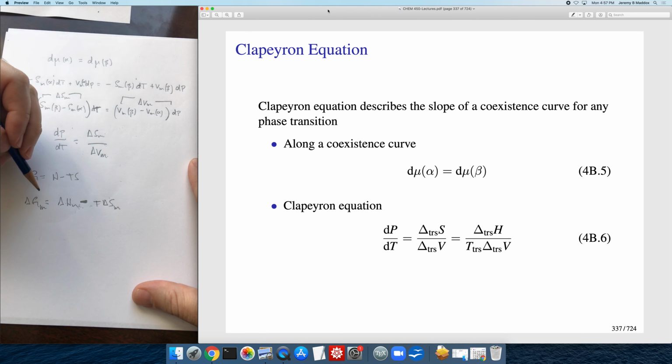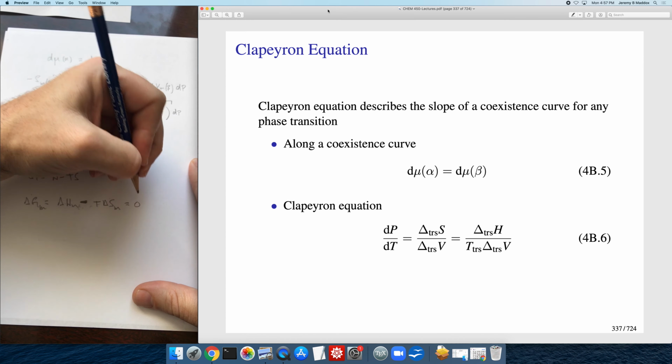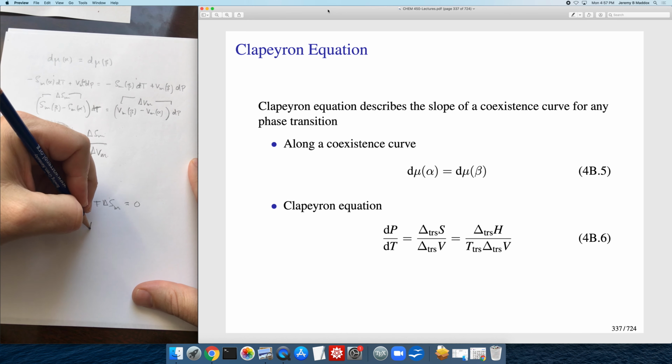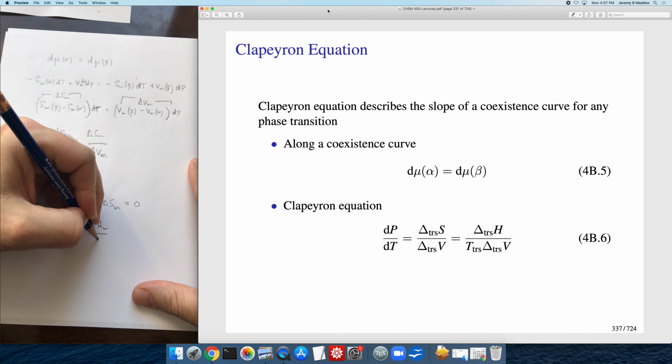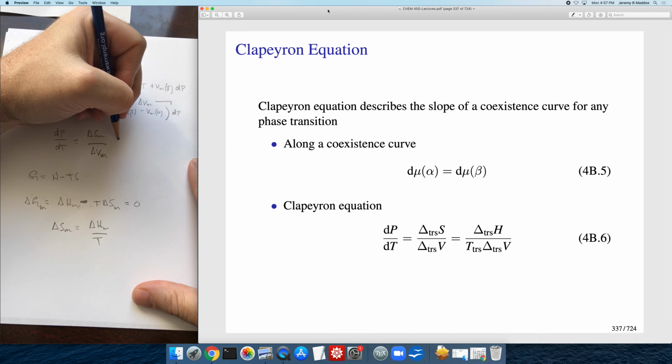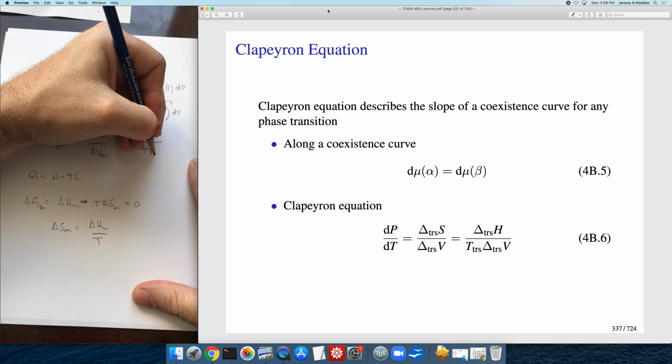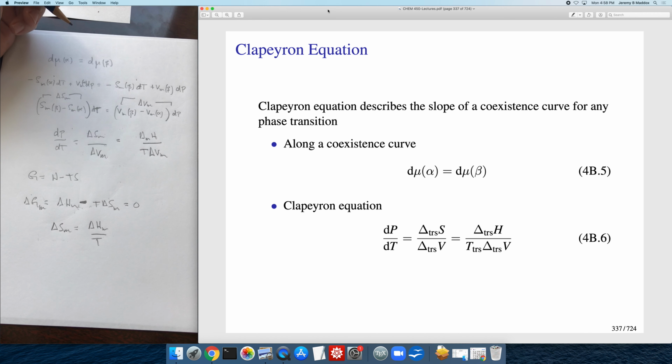And furthermore, at equilibrium, the change in the Gibbs energy between the two phases is 0, right? The two phases have the same molar Gibbs energy, so this equals 0. And so you can solve for delta S, which will be equal to delta H over T. Substitute this in, and you get that result there. Okay, and so that's the second part of the Clapeyron equation. You can use either one.